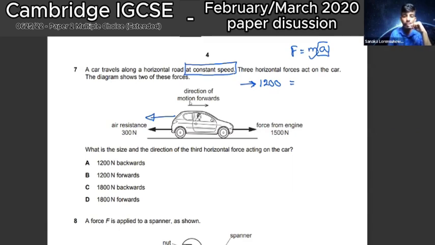What is the value? 1200 Newton. After applying this 1200 Newton, there are no net forces forward or backward. Then the car is moving at constant speed. Very easy. Yes, 1200 is the answer, backward, not forward. Answer is A. Okay, right.